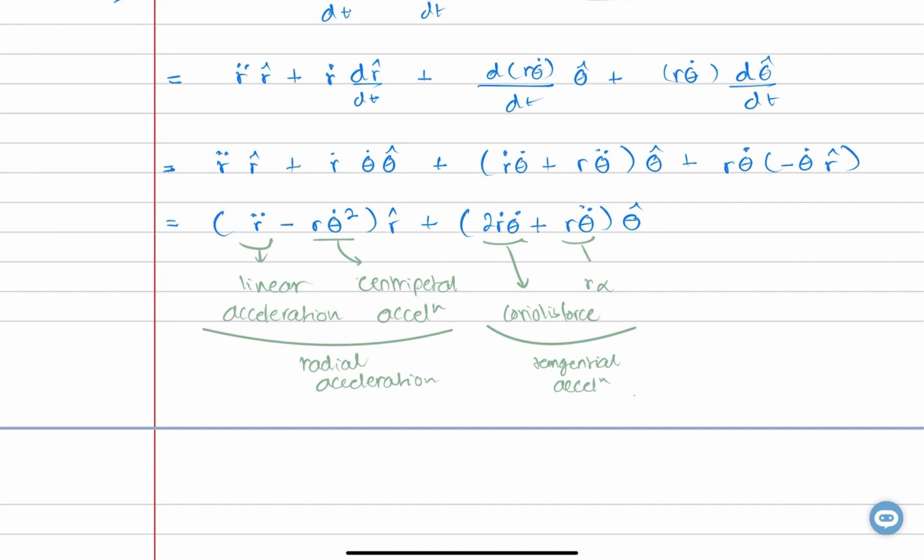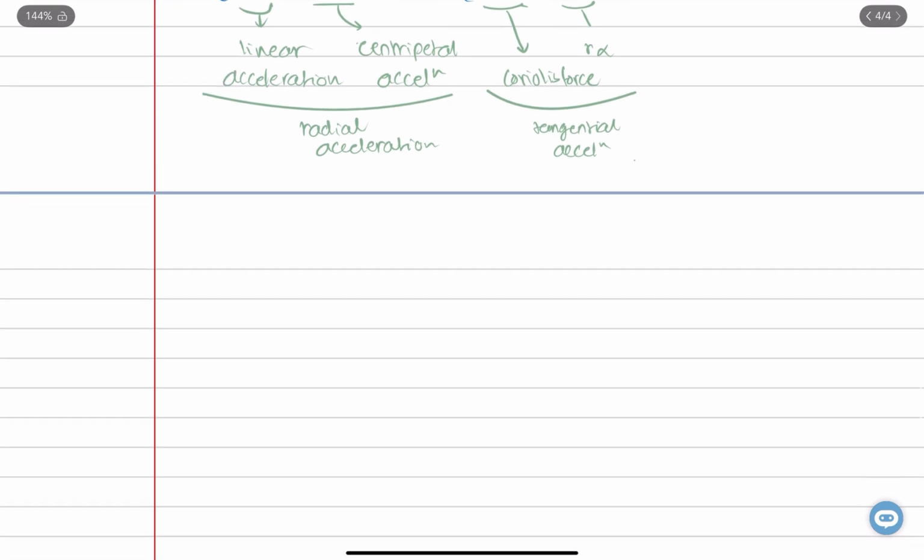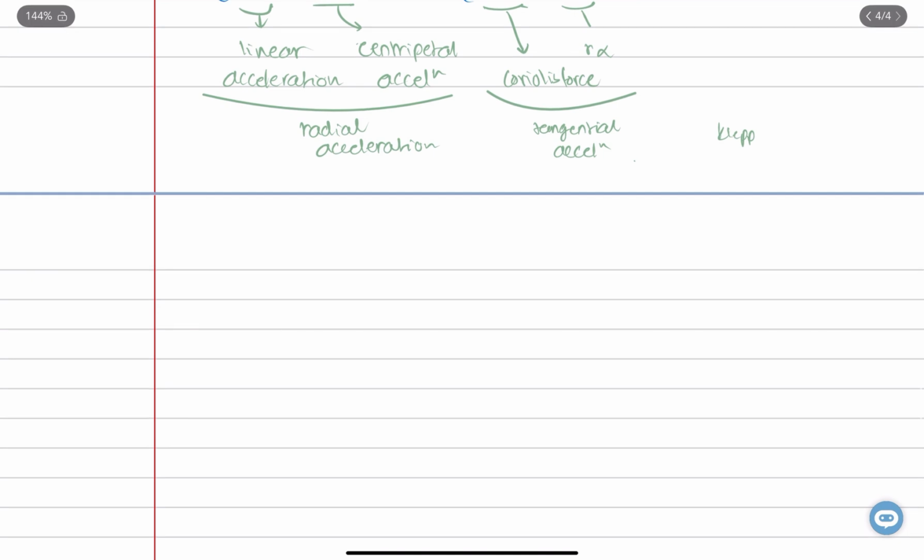So, yeah, now I would recommend going through the book by Kleppner and Kolenkow. Kleppner and Kolenkow have a book called Intro to Mechanics, and this book is really good, and it's a good introduction. Chapter one of this book should be a good resource to go through these things.